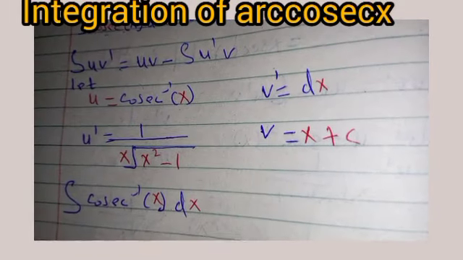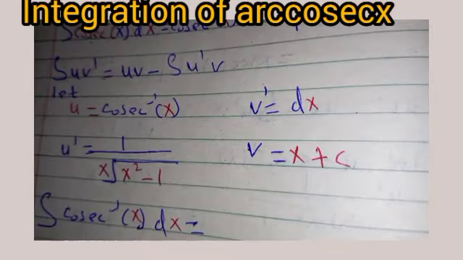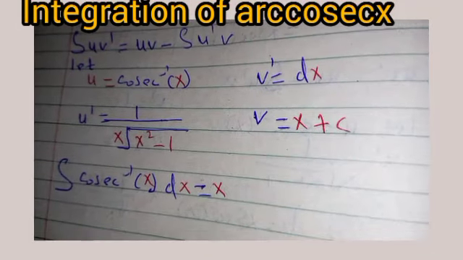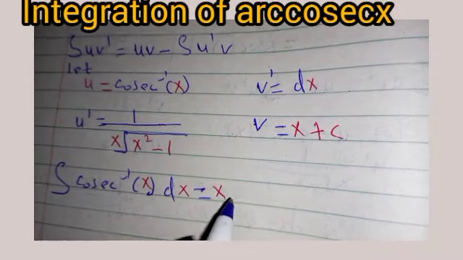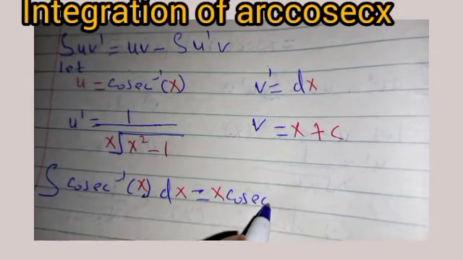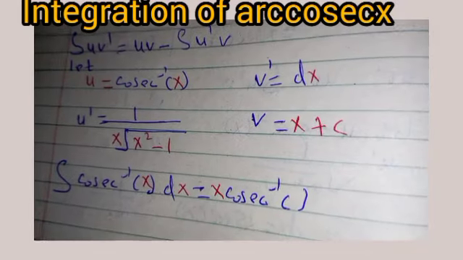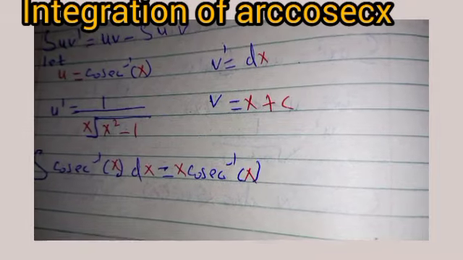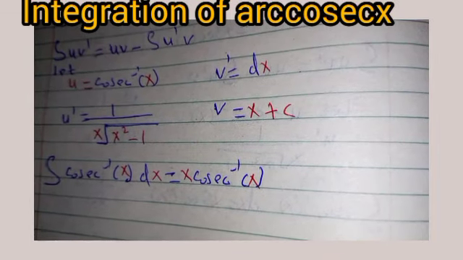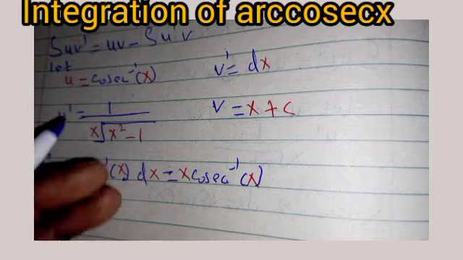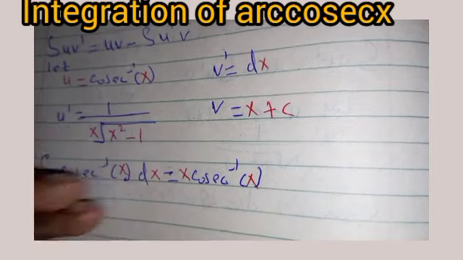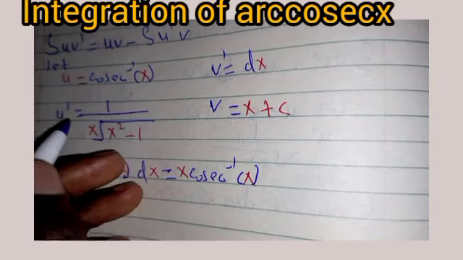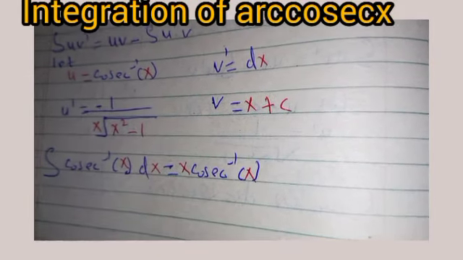This is equal to, our v is x, so x, and our u is cosec inverse of x. Now note here there is a negative when you integrate this.